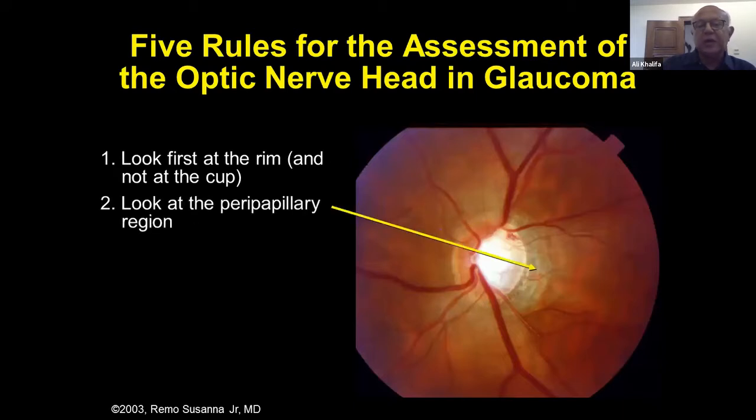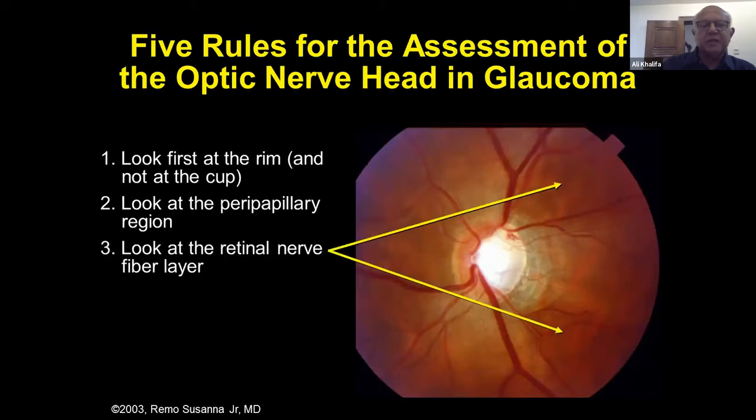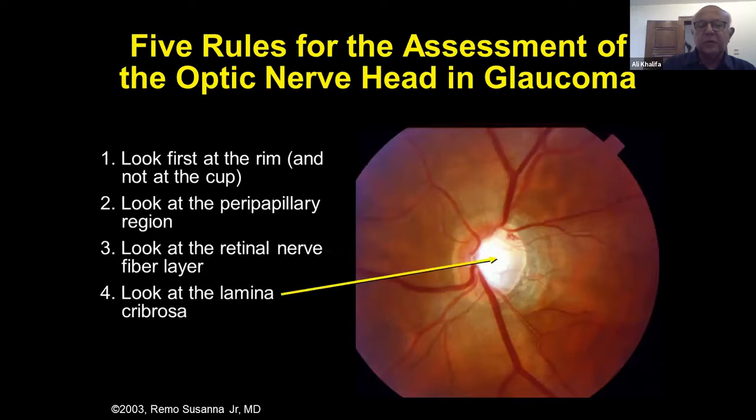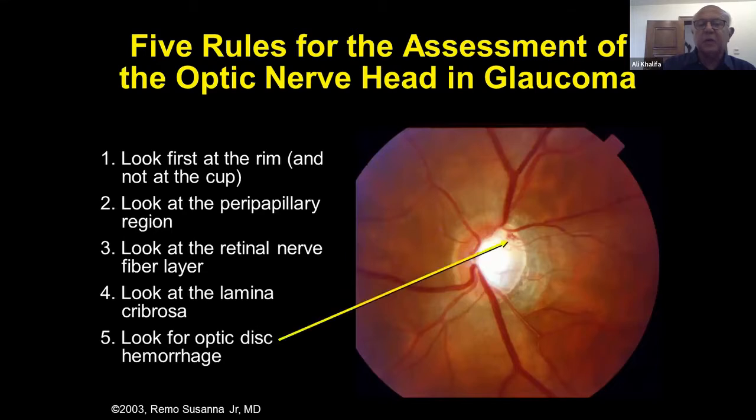Second, look at the peripapillary region. Third, look at the retinal nerve fiber layers. Fourth, look at the lamina cribrosa. Fifth, look at the optic disc hemorrhage. These are the 5 rules, and we're going to take them one after the other.